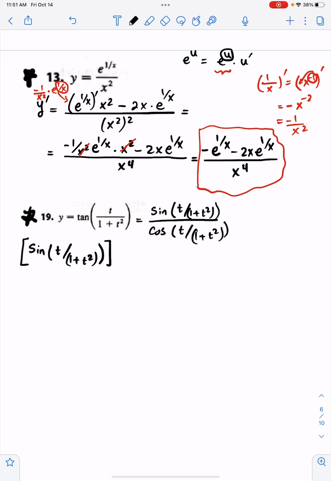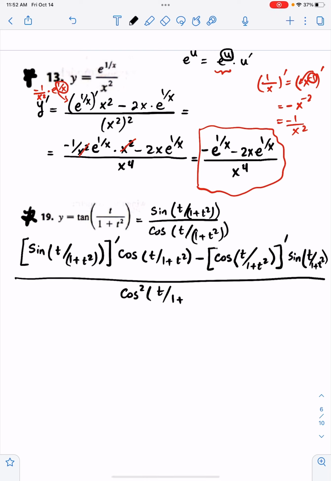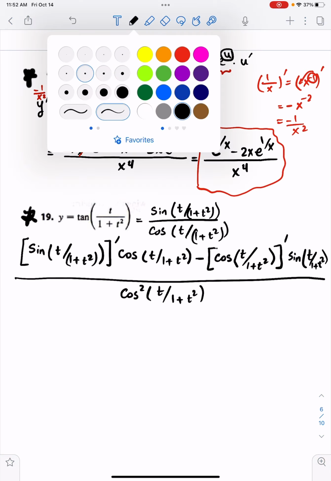So derivative of the numerator times the denominator minus derivative of the denominator times numerator, divided by denominator square. Okay. So let's work it out.